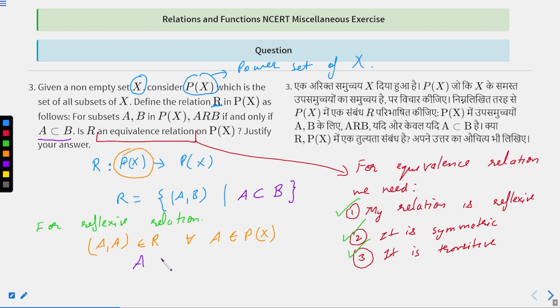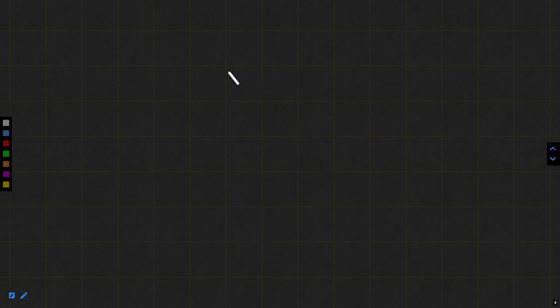Can A be a subset of A? Yes. Okay. So we know A is equal to A and every set is a subset of itself. Okay. So it can be true.